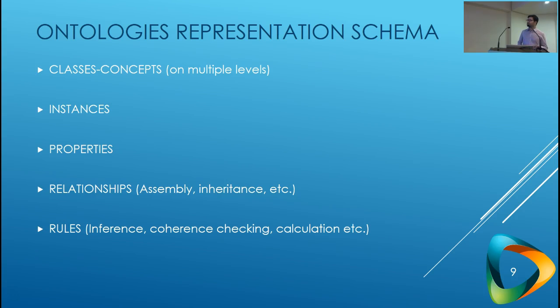Then we have instances that are derived from those classes. We have properties. We can have any kind of properties that we want, and then we have relationships and rules. And in this case, we are more flexible. We can also add relationships related to other knowledge domains that we can connect to our model and so on.